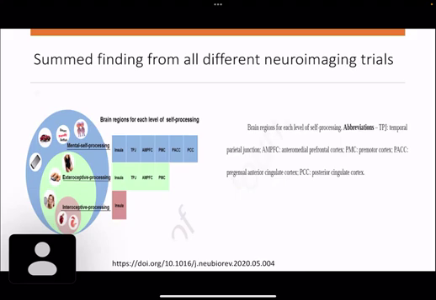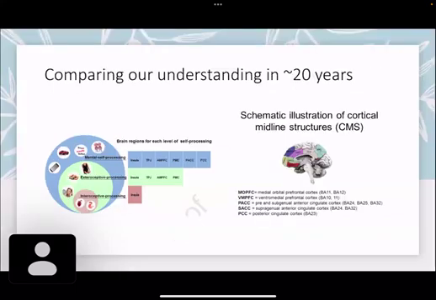Exteroceptive processing would be done by insula, temporoparietal junction, anterior medial prefrontal cortex, and premotor cortex. Interoceptive processing is mostly insula and insula itself.